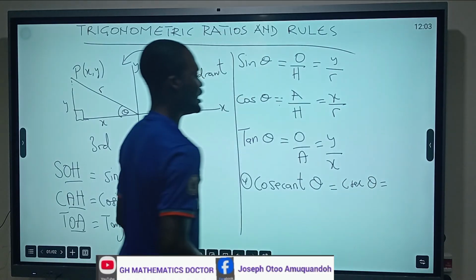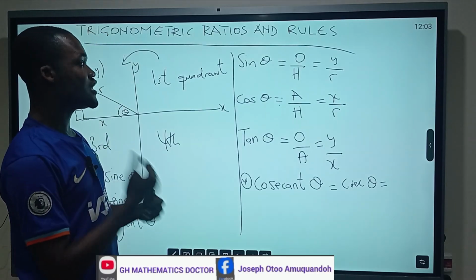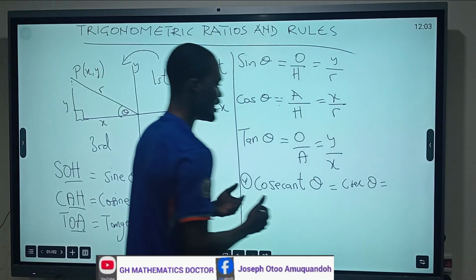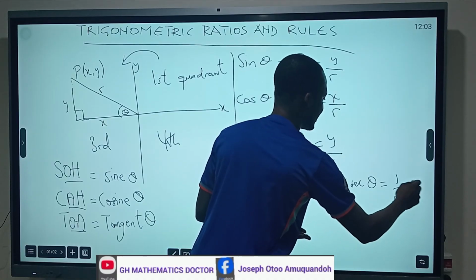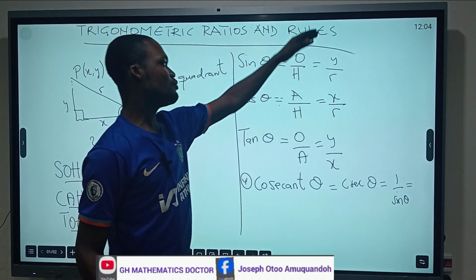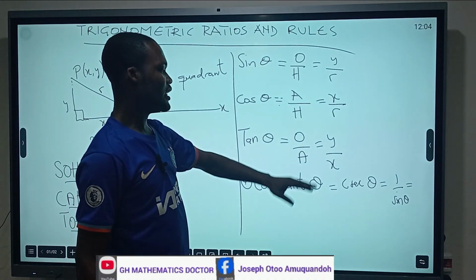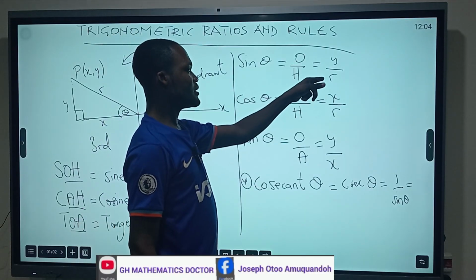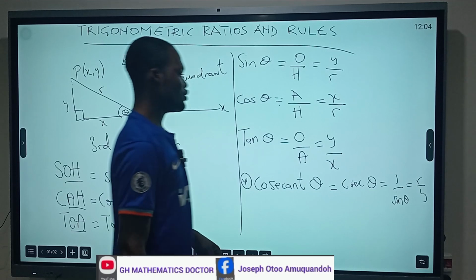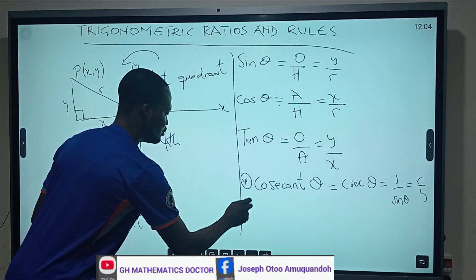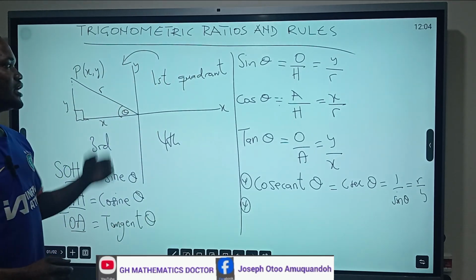And cosec theta is the inverse or the reciprocal of sine theta. So cosec theta means 1 over sine theta. So if we have sine theta to be y over r, then the reciprocal will be the upside down, r over y. So this is the fourth ratio. That is the reciprocal of the sine.